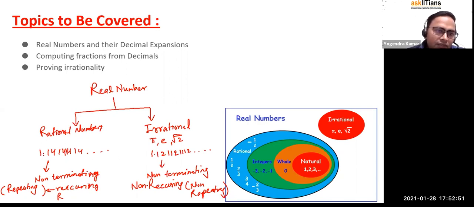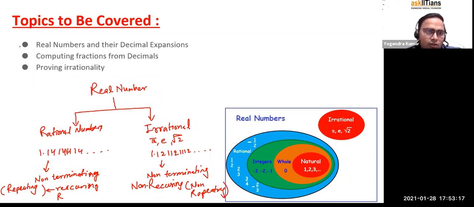Now after that we have seen decimal forms and the representation on the number line. We have seen it for rational numbers, but for irrational numbers I didn't discuss the representation on the number line. So that is what I want to do this class.